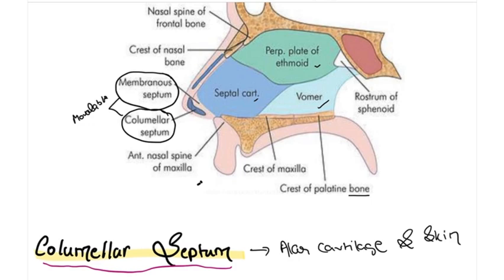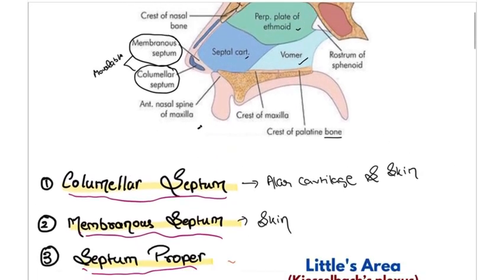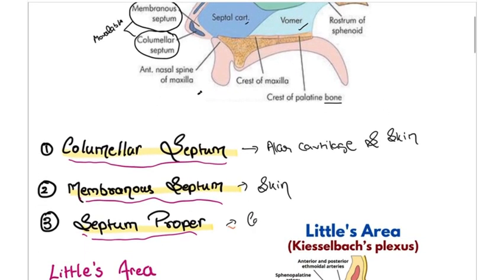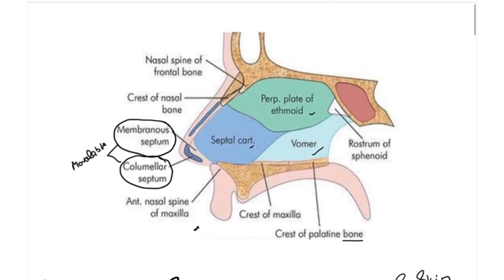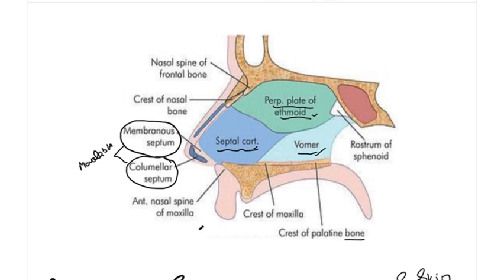Alright, and then we have septum proper. The septum proper is made up of cartilage plus bones. So we have the septal cartilage and two major bones, perpendicular plate of ethmoid and vomer, and there are some accessory bones like rostrum of sphenoid, crest of maxilla, crest of palatine bone, nasal spine of frontal bone, and crest of nasal bone.